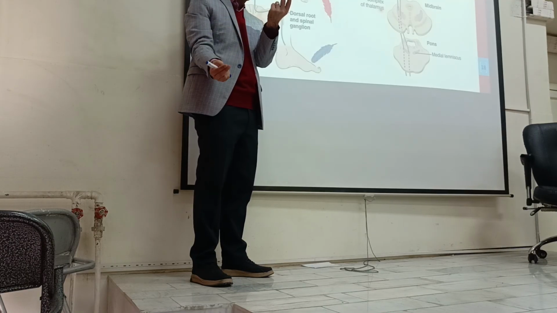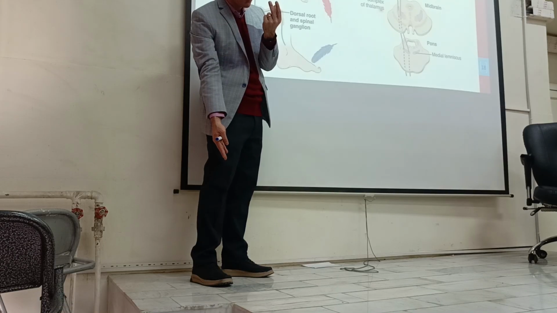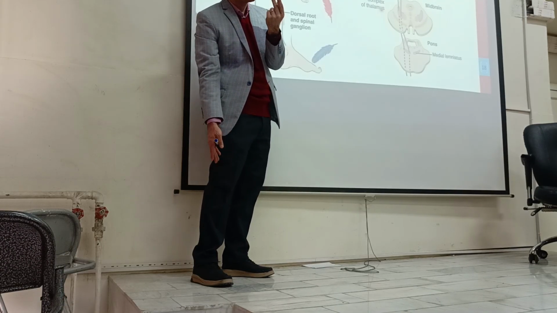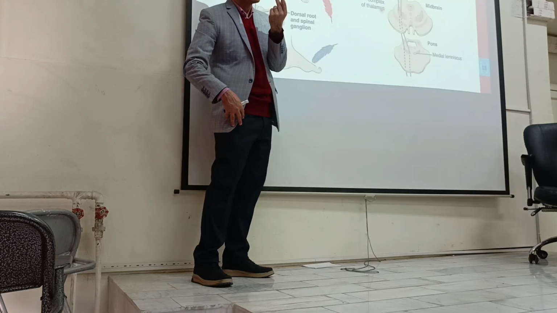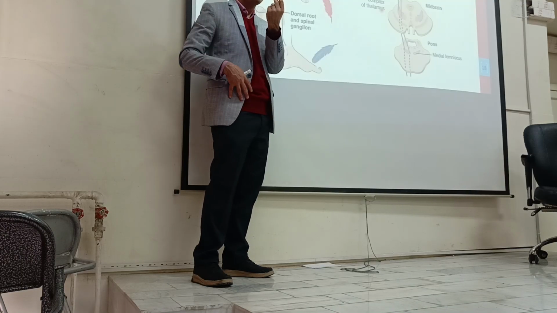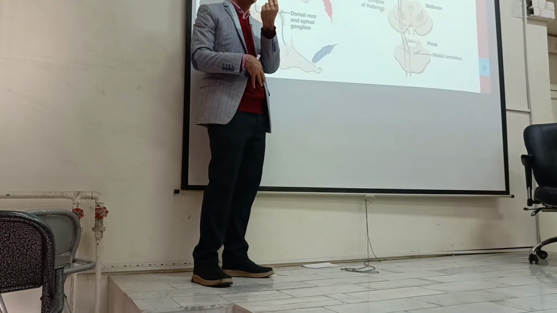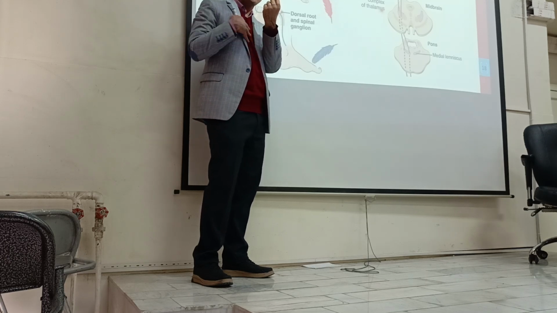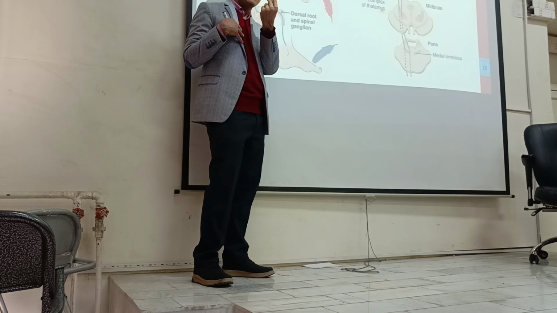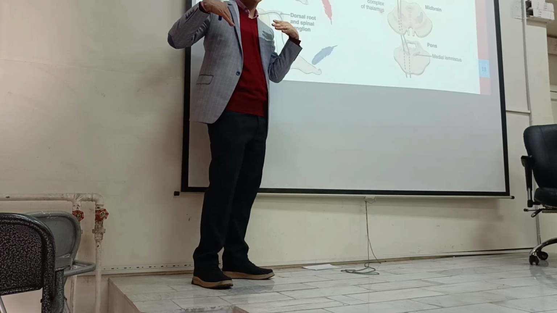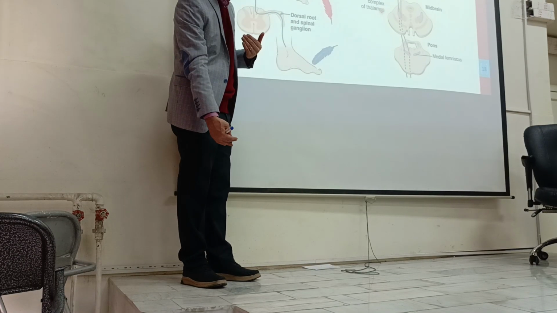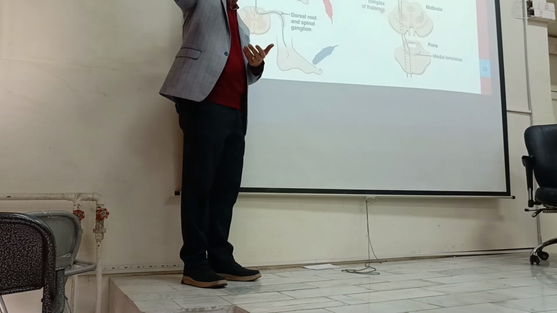We have fibers that enter from the toes. We have fibers that enter from the knees, fibers from the thigh, fibers from the hip, fibers from the stomach, belly, fibers from the chest, fibers from the arms, fibers from the fingers. So we start from the bottom to the top.